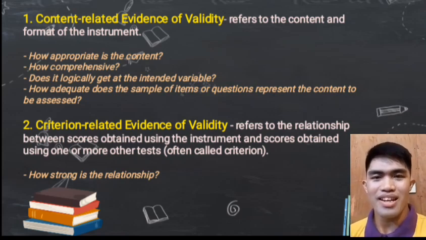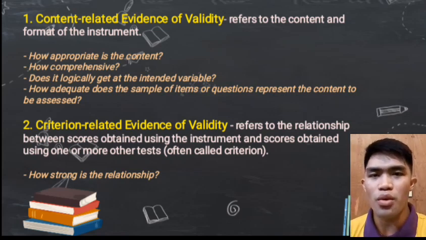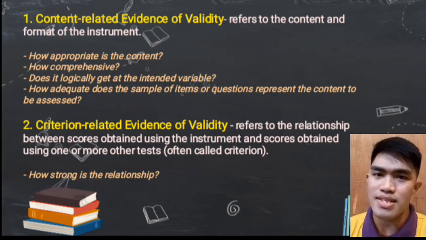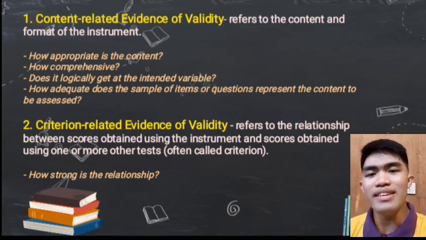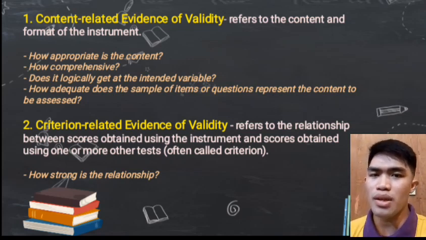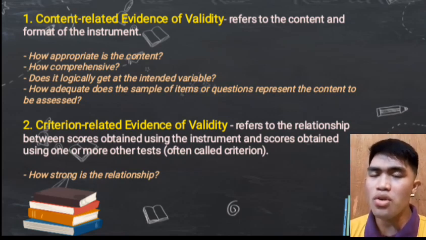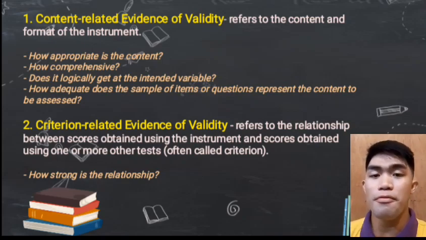And the last one, how adequate does the sample of items or questions represent the content to be assessed? Is the content of the question related to or based on what you are supposed to measure? If there is a strong connection, correlation, relationship, then that is valid.